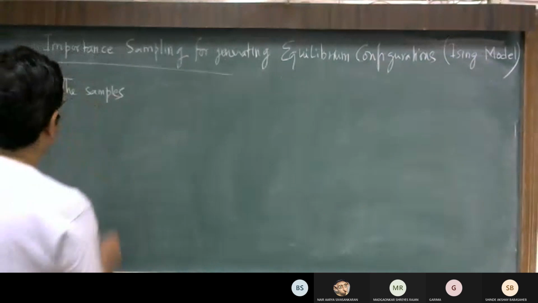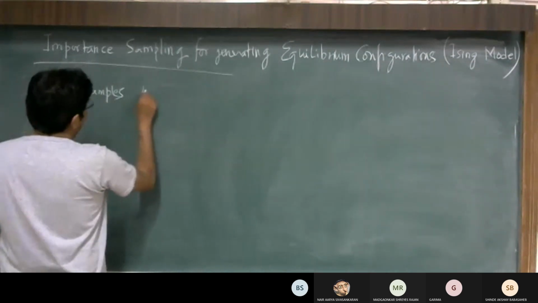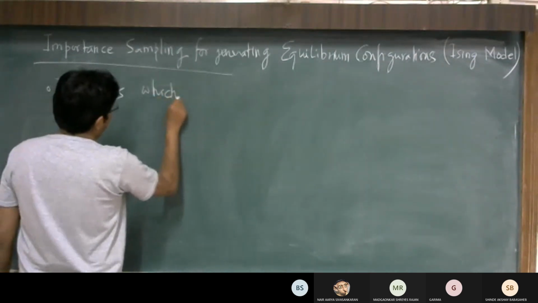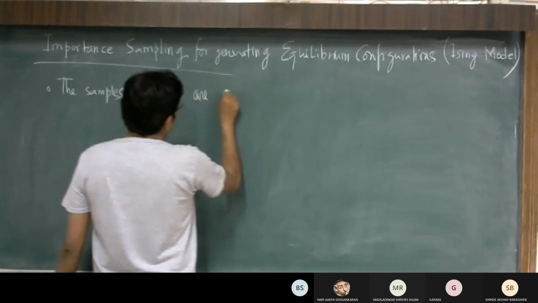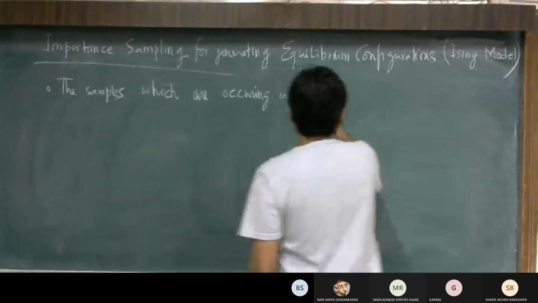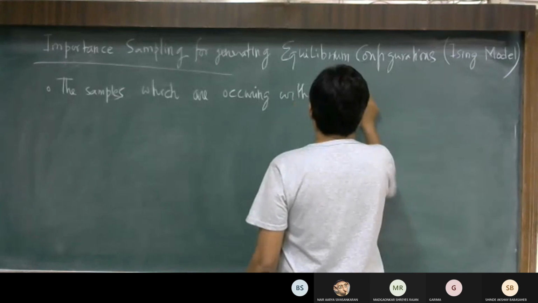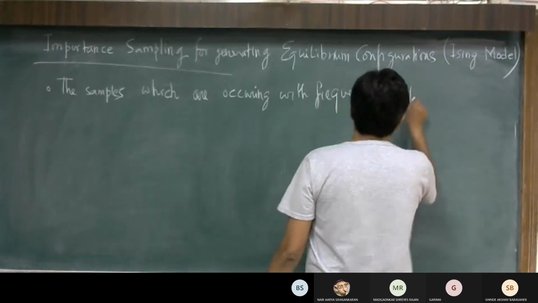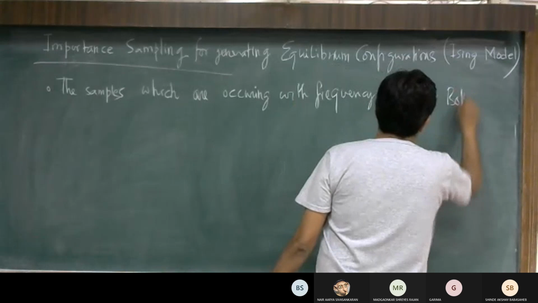Okay, yeah. So we were generating samples which are occurring with the frequency of their Boltzmann weight.